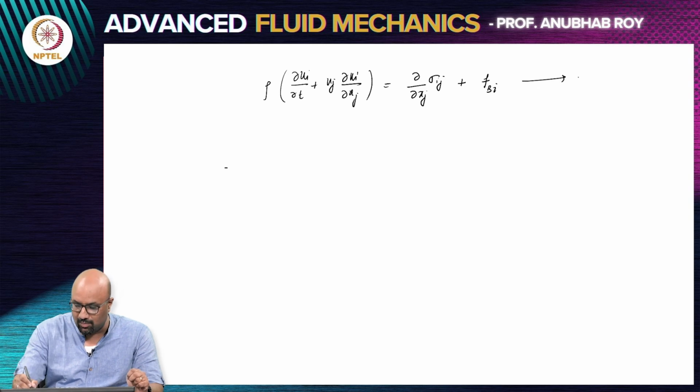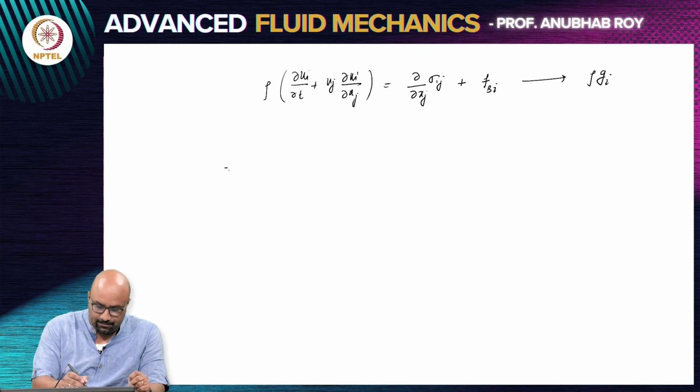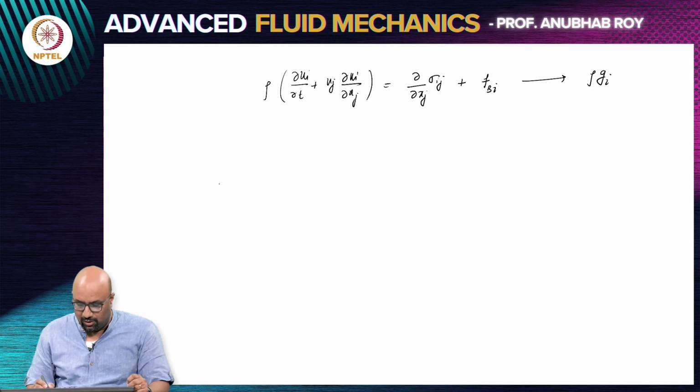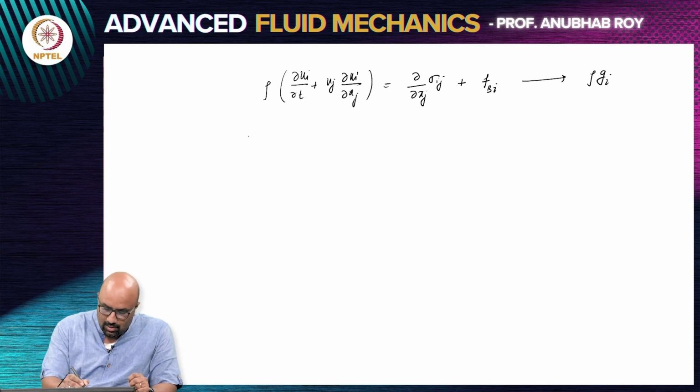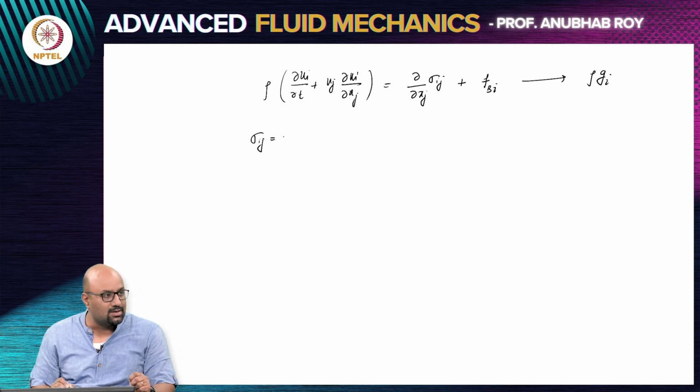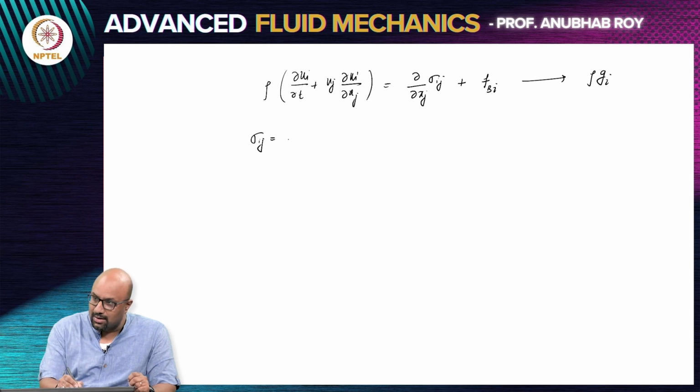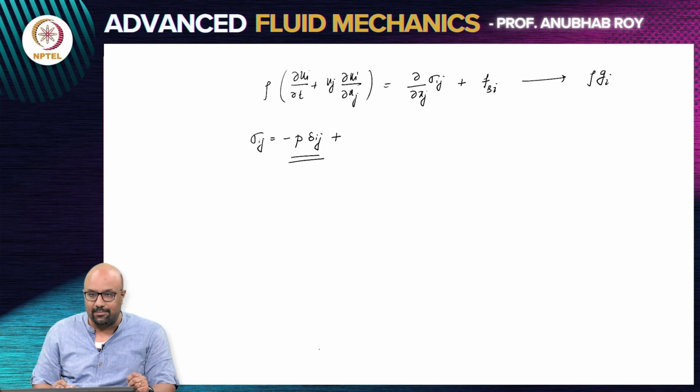An example of body force that I keep giving would be gravity, the weight of the fluid parcel per unit volume. Now, we saw that sigma ij, which is the stress tensor, we can write it in terms of a contribution that you would experience if the fluid was in a static state.